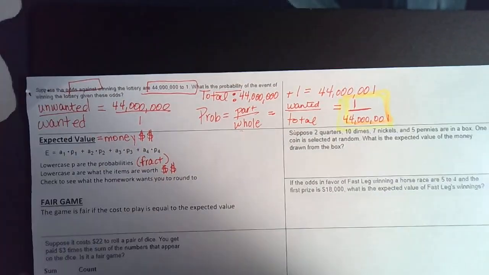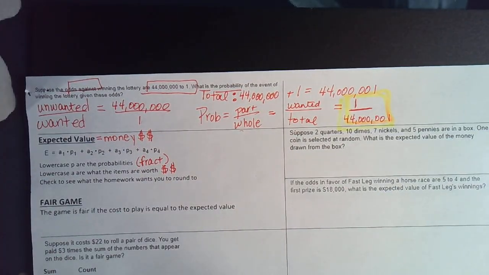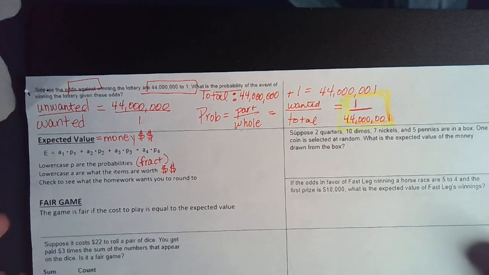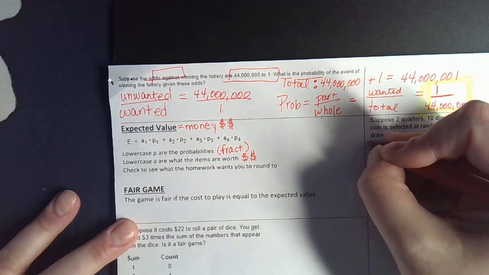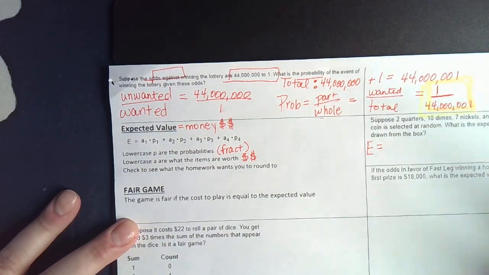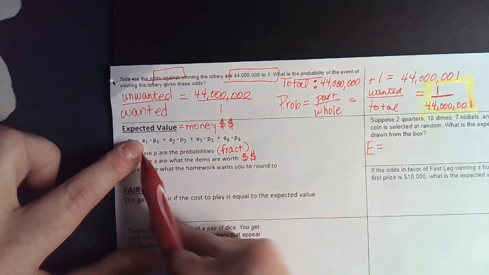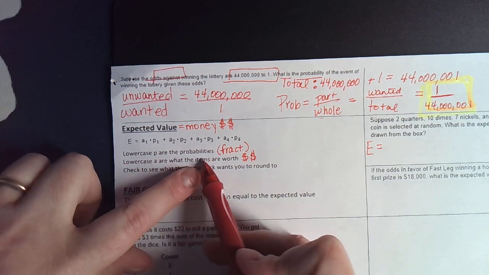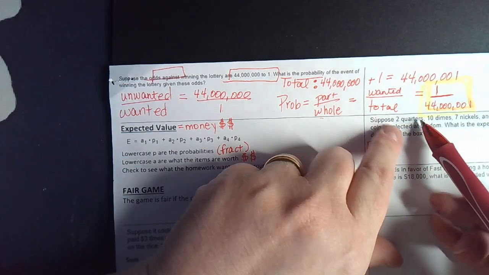Okay, let's see. It says, suppose 2 quarters, 10 dimes, 7 nickels, and 5 pennies are in a box. 1 coin is collected at random. What is the expected value of the money drawn from the box? Okay, so first, we're going to say capital E equals little a. Little a is how much the items are worth. So how much is a quarter worth?